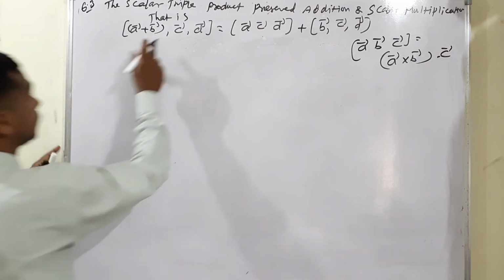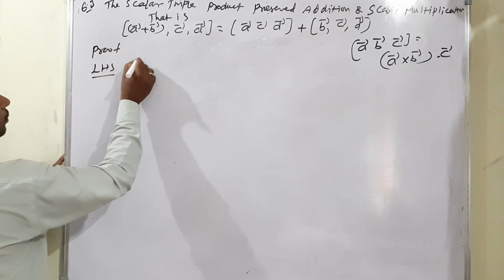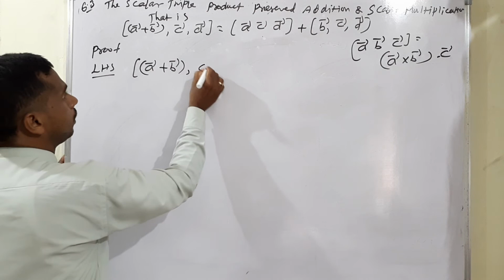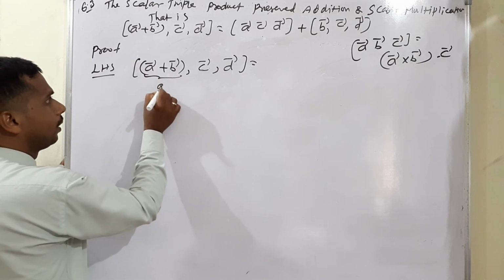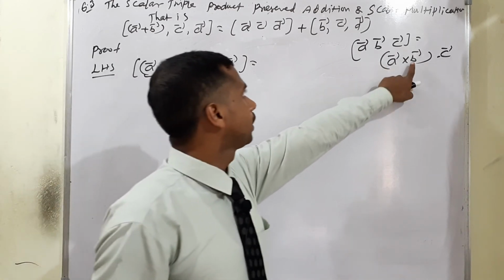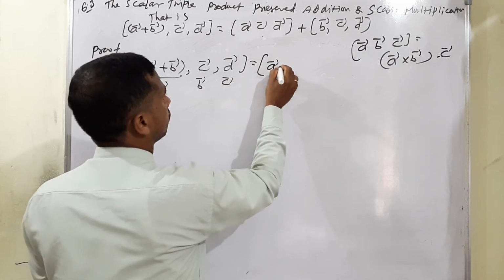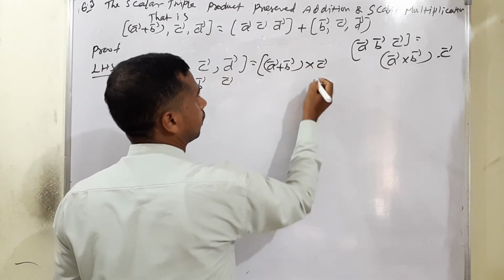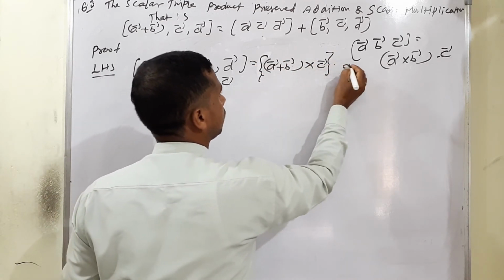So look at that, the first concept. I will consider the proof of the LHS part. So LHS, what is the term? A vector plus B vector, comma C vector, comma D vector. The whole first term is considered as A vector, the second term as B vector, this is C vector. So A vector plus B vector cross C vector, then outside dot D vector.